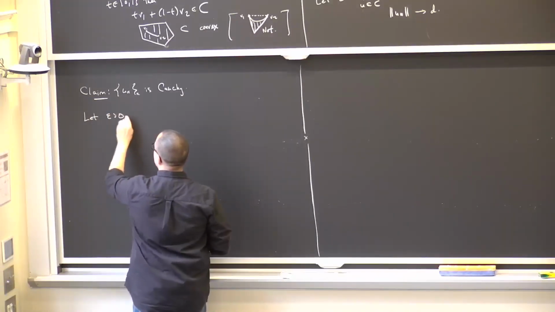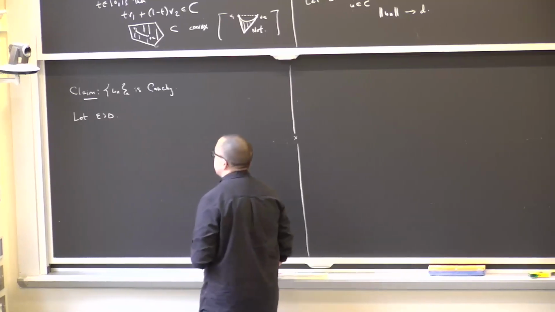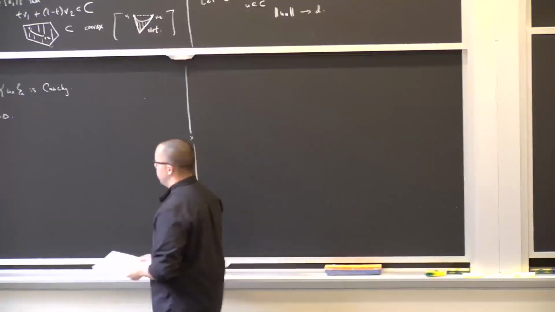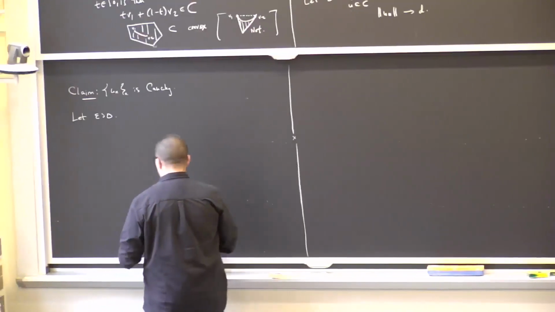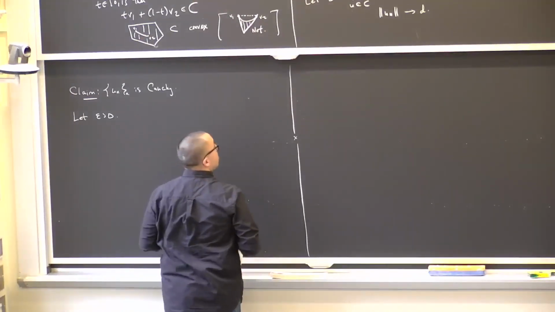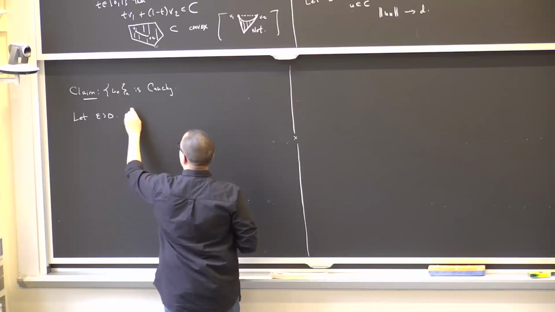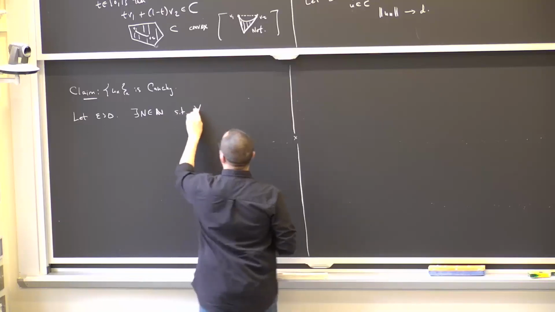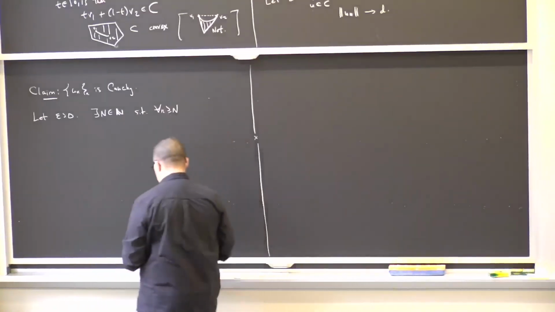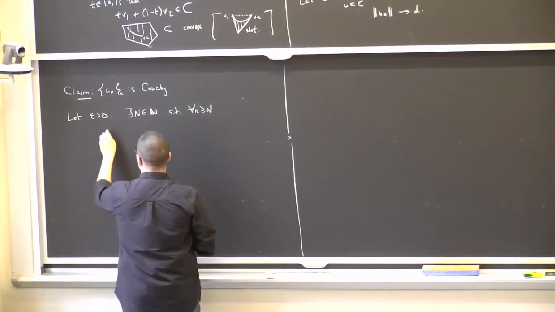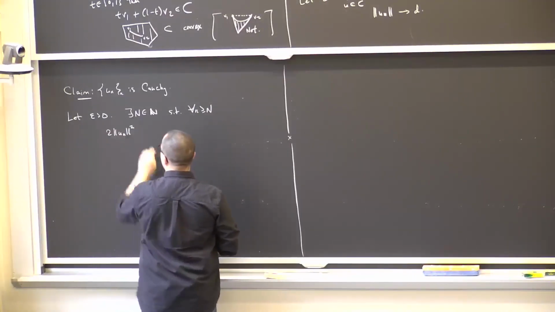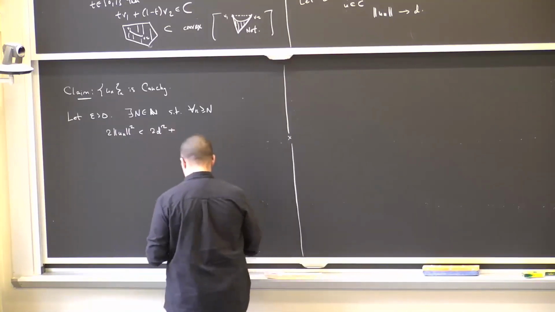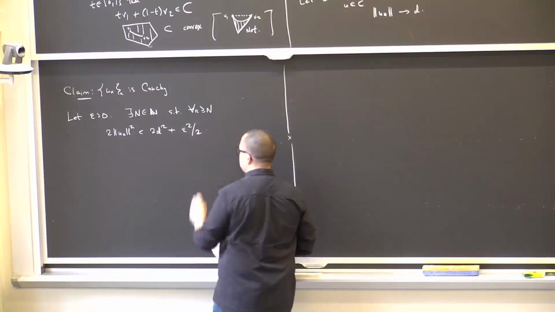Let epsilon be positive. We now need to find a capital N so that the difference between un and um is less than epsilon in norm for all n and m bigger than or equal to capital N. So since the norm of un is converging to D, there exists a natural number N such that for all n bigger than or equal to N, I have that 2 norm un squared is less than 2d squared plus epsilon squared over 2.